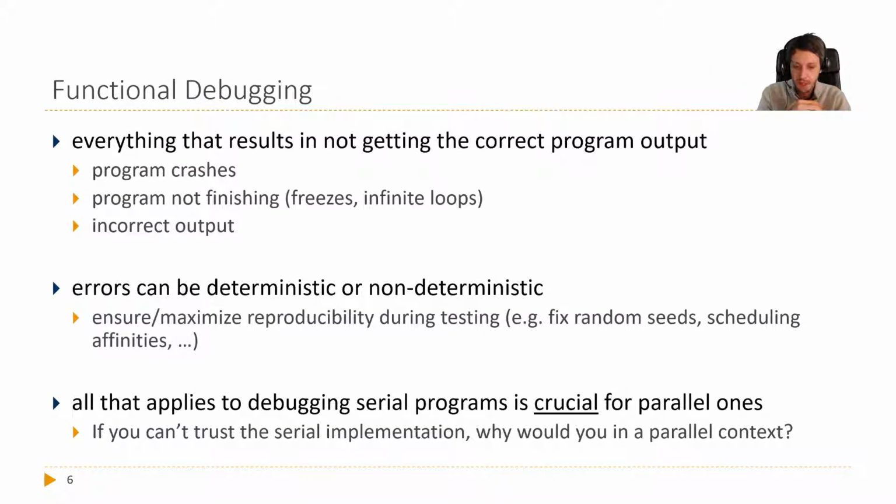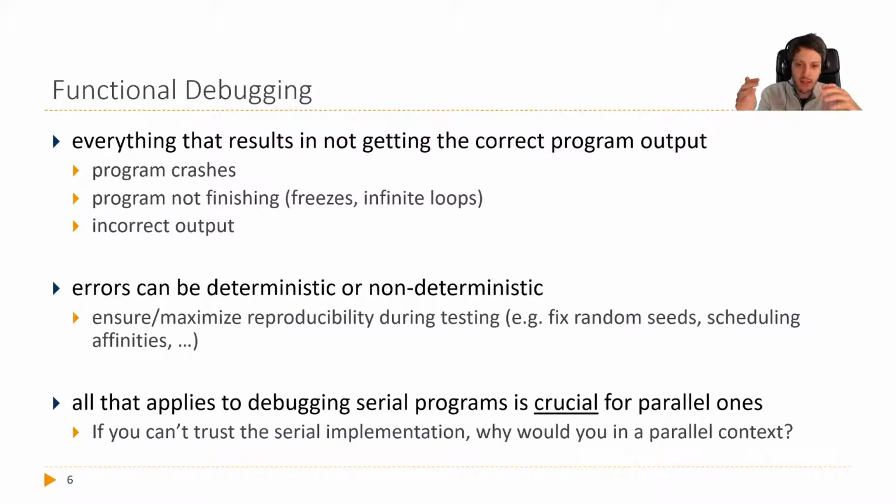But this can happen. And the thing here is really everything that applies to debugging serial programs is crucial in a parallel context. Because think of everything that could go wrong with a sequential program. You have values not initialized, you have wrong computations happening, you might have overflows of data values, of data ranges and so on.